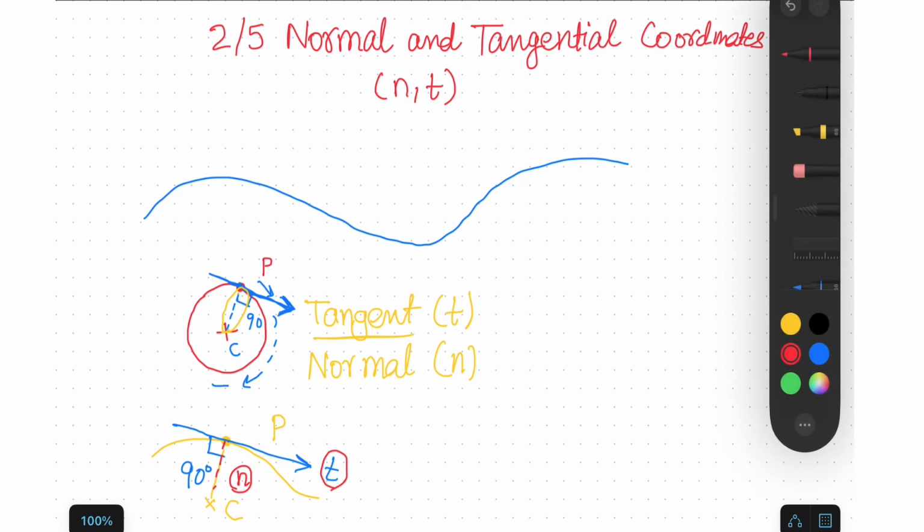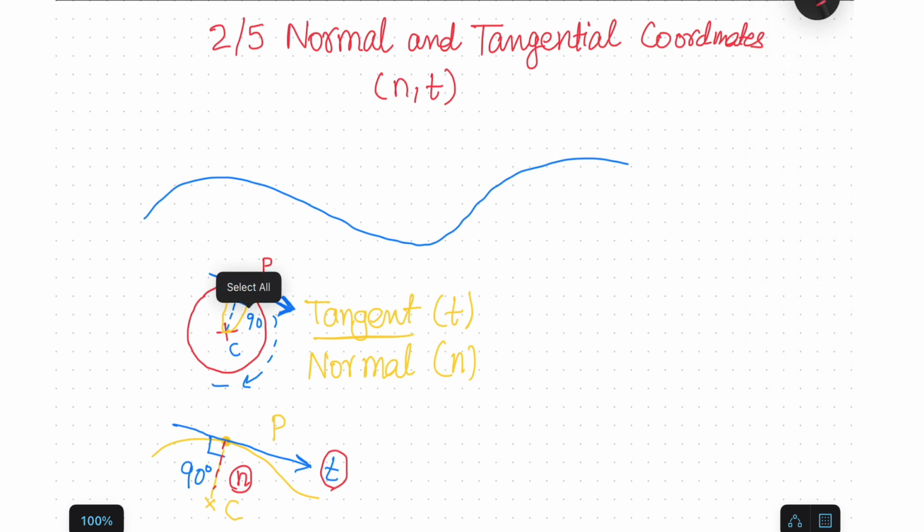Now suppose there is a car moving on this curvilinear path. If I ask what the velocity vector is at this point x, first you find the center of the curvature for this segment. Suppose for this segment the center is here.